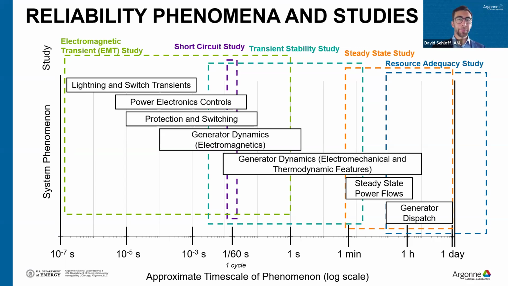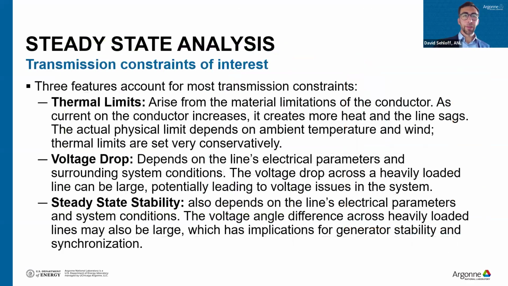Next slide, please. So first, I want to take a look at steady state analysis. And to do this, I want to highlight three of the main transmission constraints. And these are really what would drive a transmission need that might arise. This is the limitation on power flow.